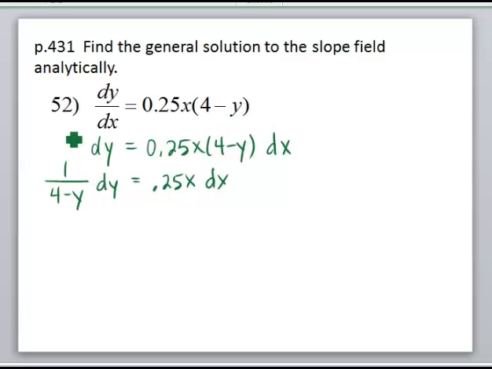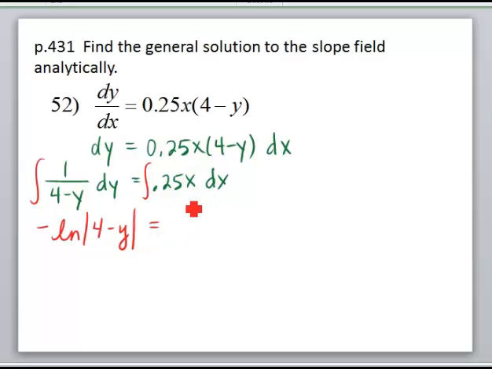This, you may want to make a u statement for. I'm going to go ahead and do it a little bit shorter way. So I know this is the ln of 4 minus y. When you create a u statement, you get a negative dx, and so you'd have to place a negative out front.